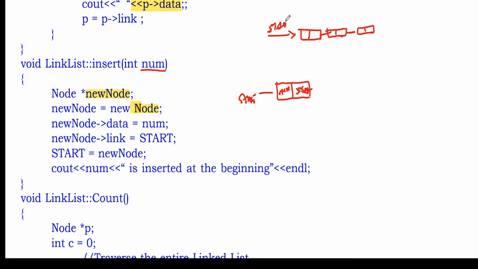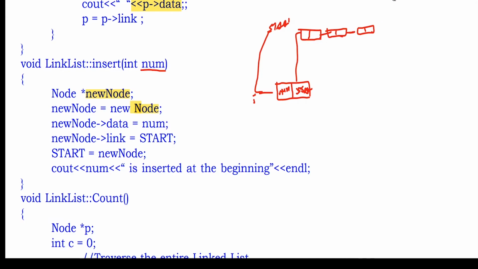Now what I did is create a new node, I make the start here, and I took this start and connected it to this. I think this is much clearer now. This is how the steps work.